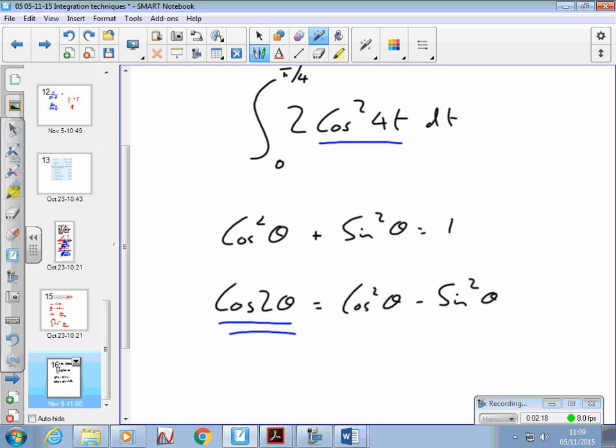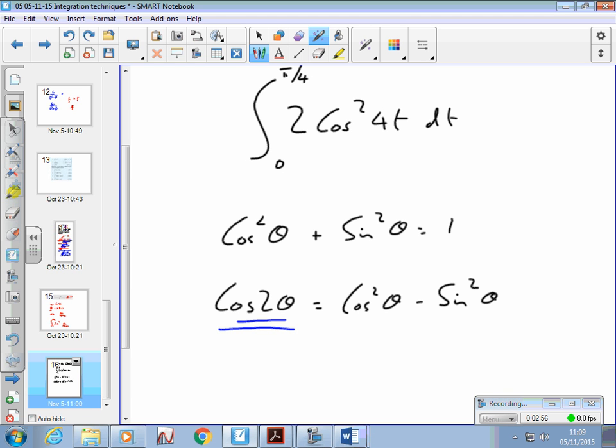I look at it and say, okay, that's cos squared theta, but I want to get rid of this. I can rearrange this one in terms of sine squared theta. I can write sine squared theta equals 1 minus cos squared theta from this top one. And then, instead of sine squared theta in here, I could substitute that in and then rearrange it for cos squared theta.